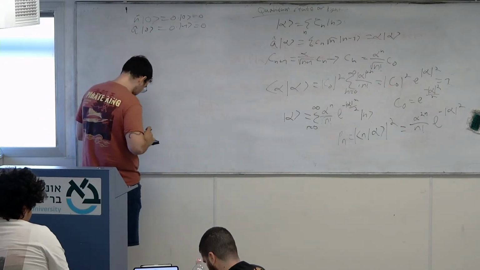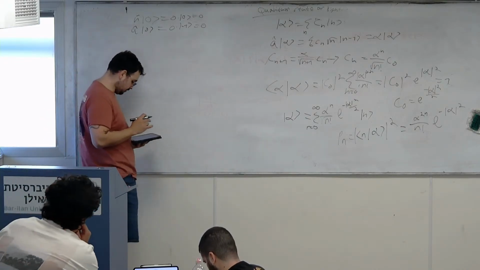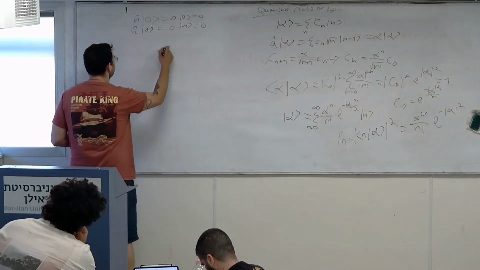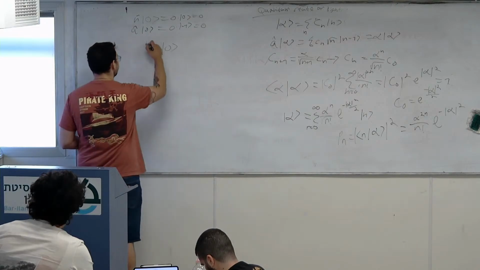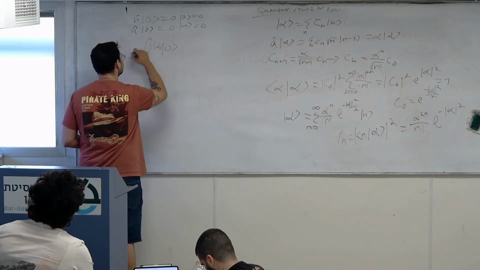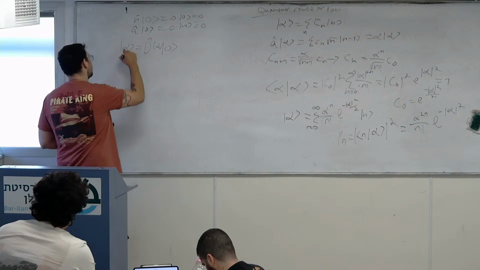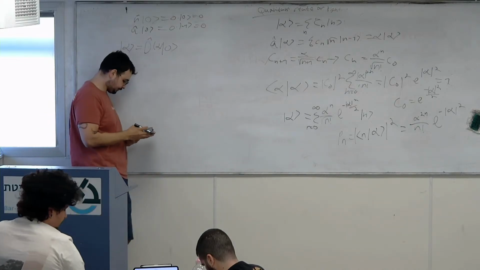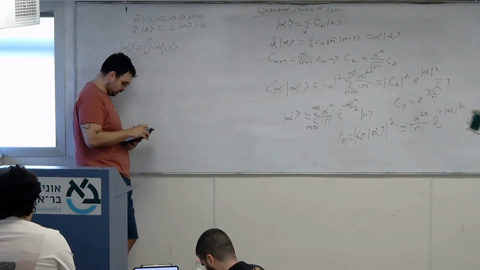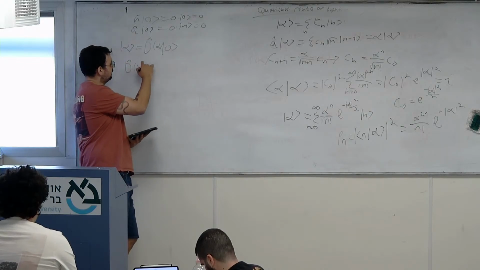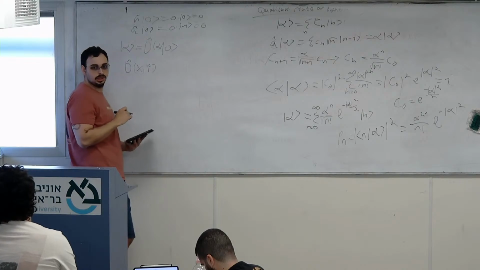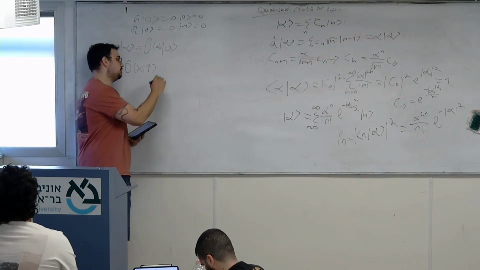All right, so we want to start with a vacuum state, 0, and then use some operator, let's call it D of alpha, to generate the coherent state. How do we do it? Well, luckily for us, it's a very well-known transformation.